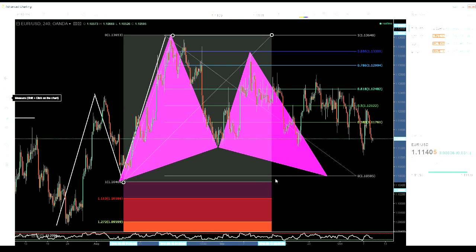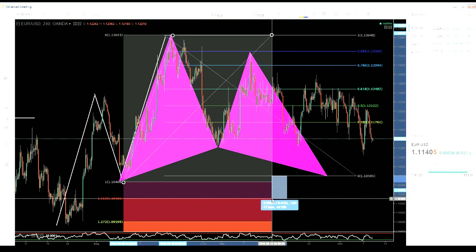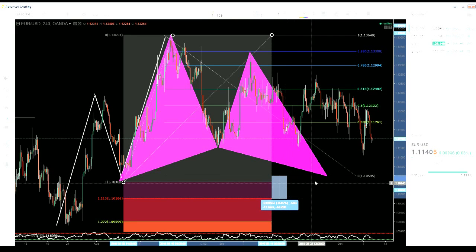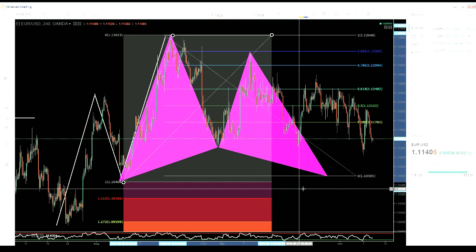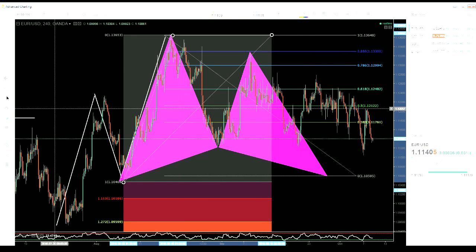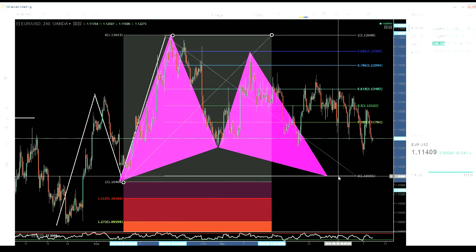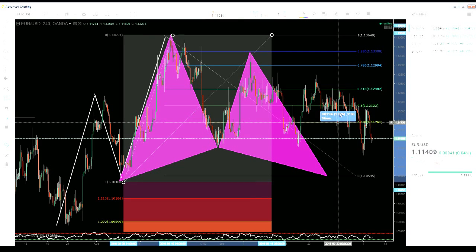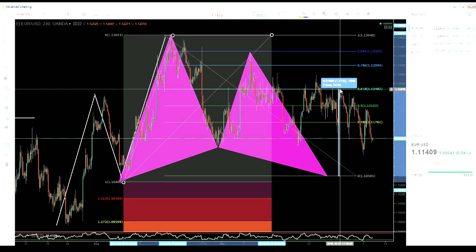I was at 60 pips or something like that, closer to 50 pips to my stop. And then for my target at 382 is 116, and then 188 for target 2.